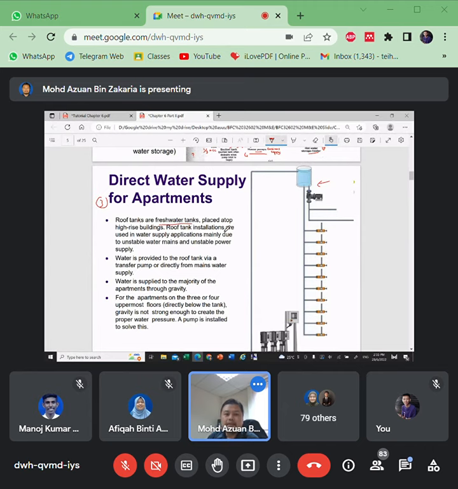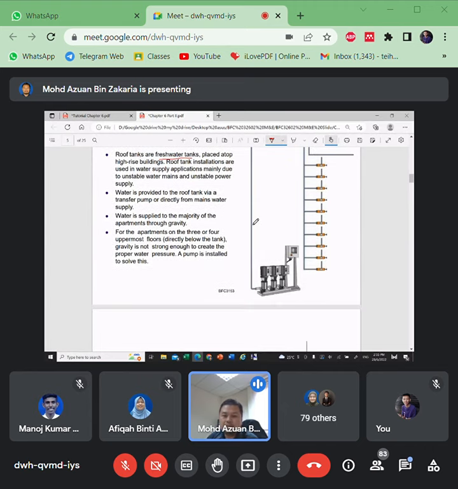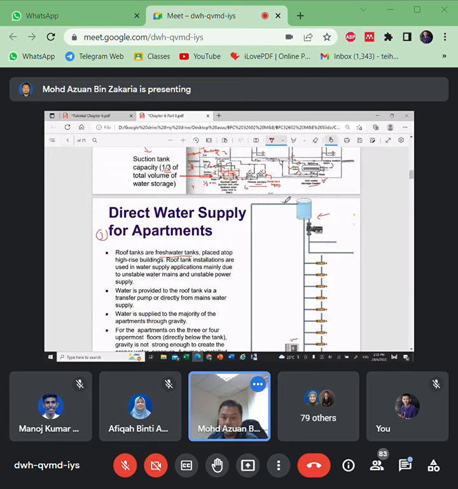So from the meter, and then we have a pump, and then straightforward meter, pump, and directly go to the fresh water tank, and then supply to all of the residents or levels.